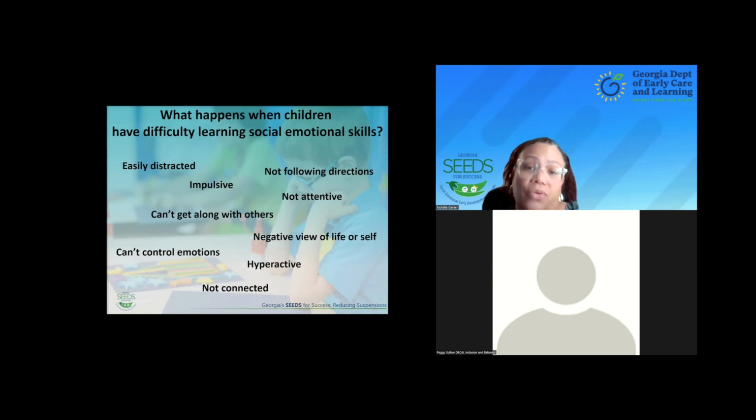They could be unable to problem solve social situations, maybe have a hard time controlling their emotions, impulsive behaviors, not connected to lessons, activities, routines, or even to teachers or peers. Lack of understanding of social cues, a negative view on life or negative view on themselves, and even hyperactivity.